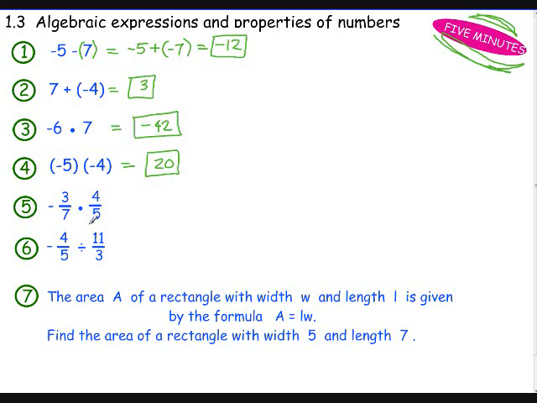Here we have another multiplication. One of them is negative, the other one is positive, so we know in the end we're going to have a negative product. Remember now, multiplication is actually much simpler with fractions than addition. With addition, we would have to have like terms.